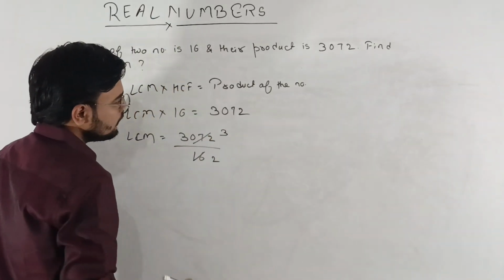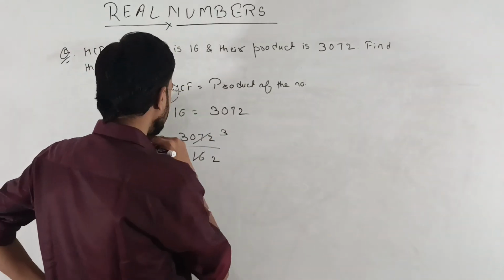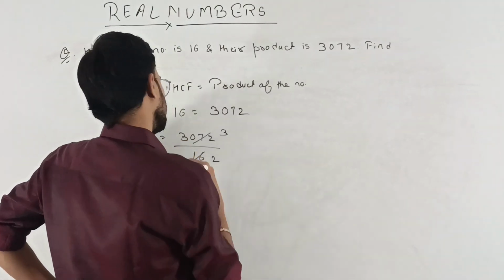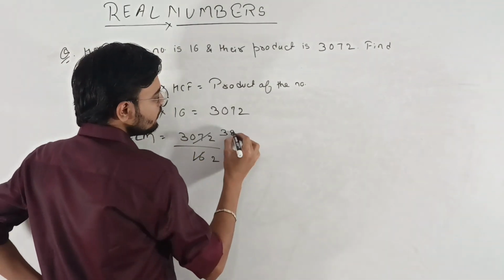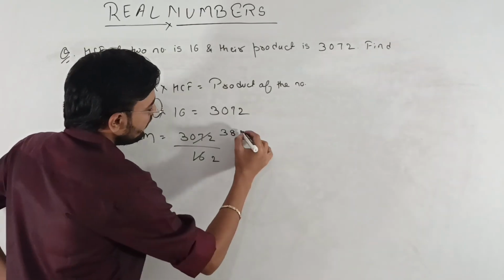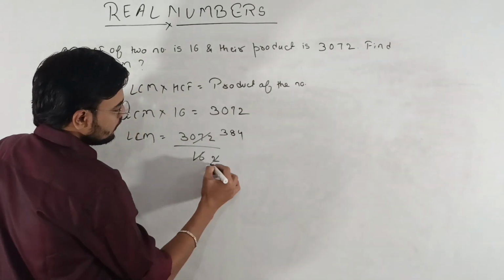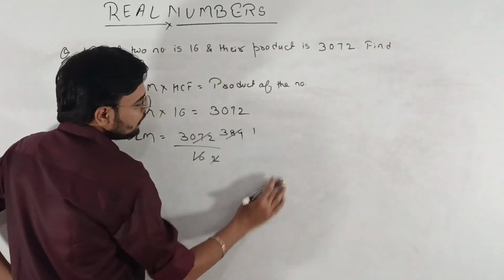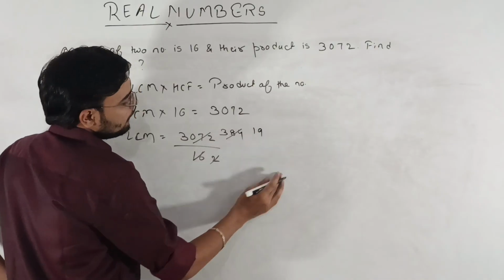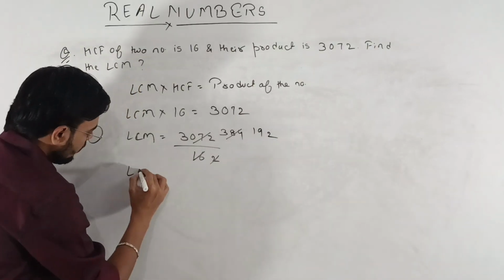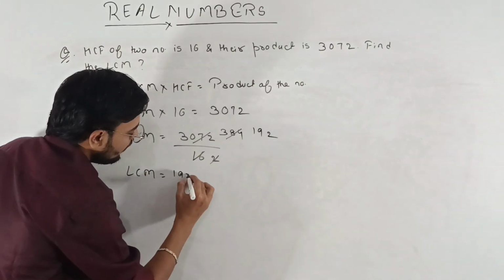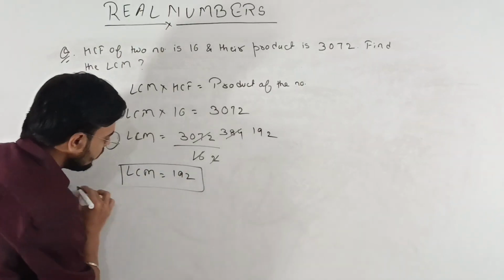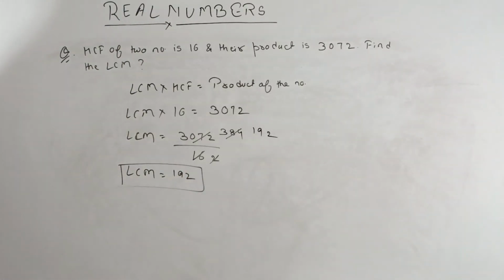Then we have 67. 8 eights are 64. Then we have 32. Then 8 fours are 32. Now this 384 is cancelled by 2. 2 ones are 2, 2 nines are 18, 2 twos are 4. Then our LCM is 192. Understand?